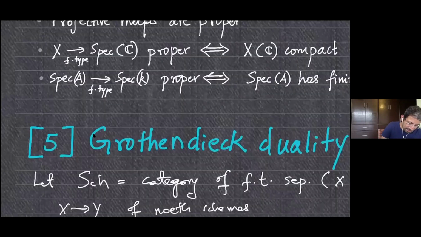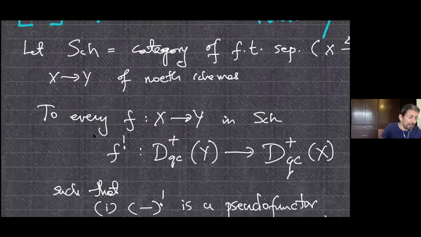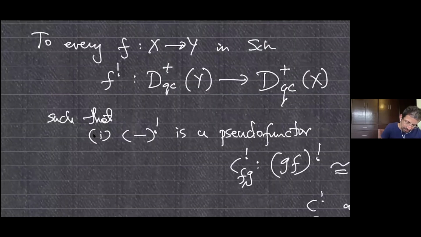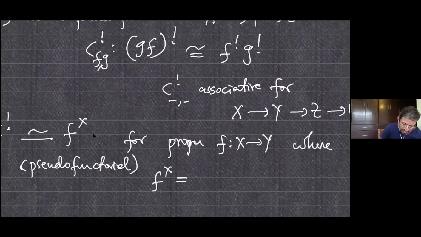So for a proper map F, F cross is by definition the right adjoint to Rf lower star.